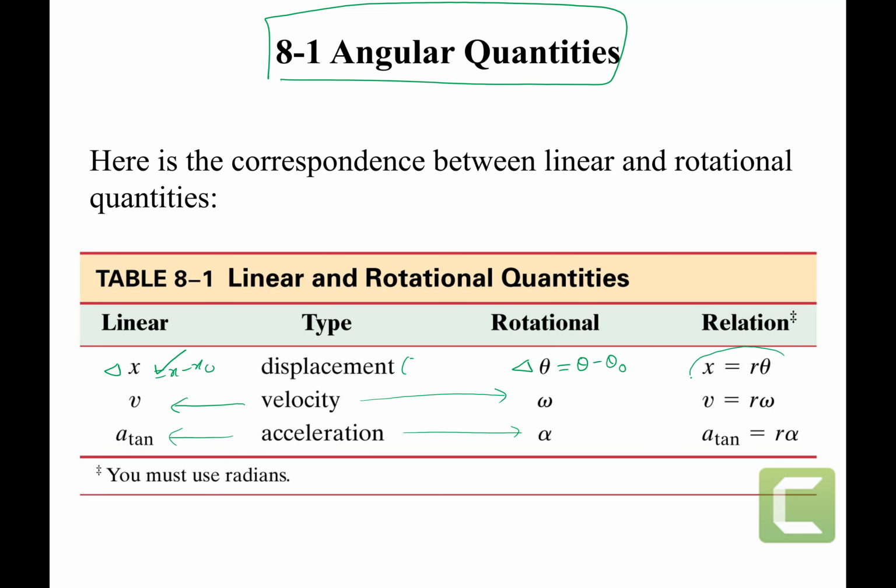How is linear related to rotational? This is something you should always remember: linear displacement is related to angular displacement through r. It's the same thing as L equals r theta, where instead of x we could also write L, because that's the linear displacement along the circle. And v is equal to r omega. We saw this before, and a is equal to alpha times r.